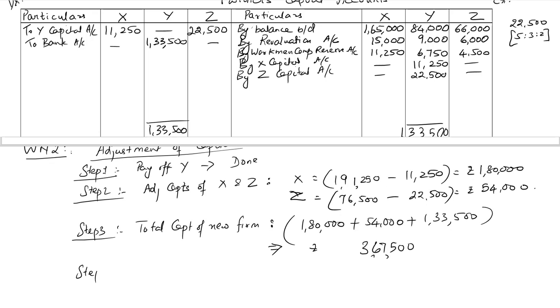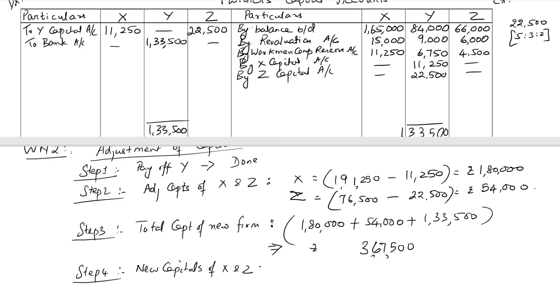Step 4 is to ascertain the new capitals of X and Z. For this, we need to take the total capital of the new firm, the answer of step 3, which is rupees 3,67,500, and divide this in the NPSR of X and Z. As per the problem, the NPSR of X and Z was 3:2.